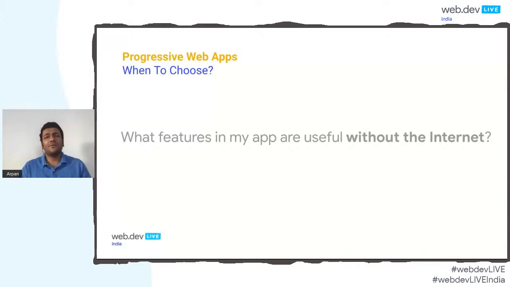So would you like to create a separate app and tell the user that they would download that app and use it just for your product? Probably you can skip it and you can use PWAs, right? So list down the answers to this question, and once you have that answer, you will get to know what the need of your user is.